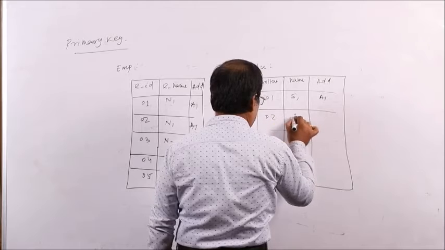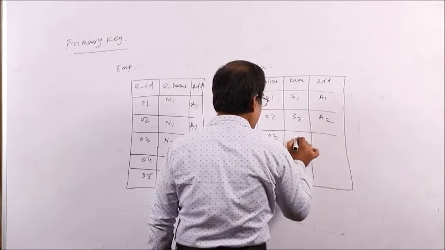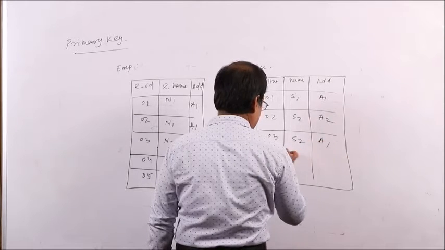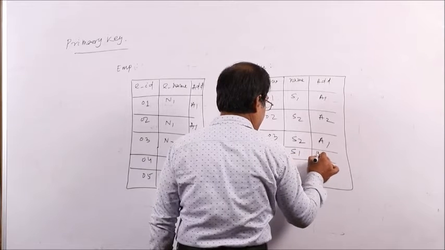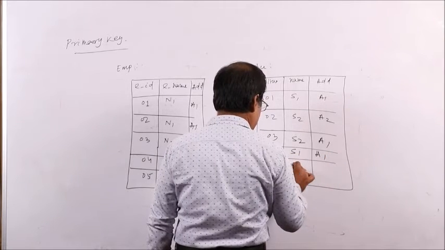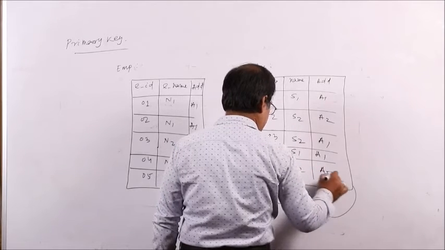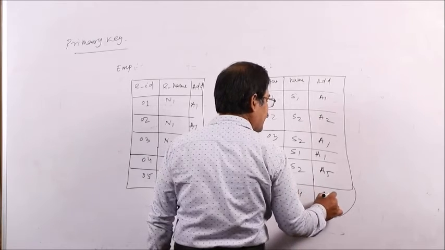Roll number 02, S2, A2. 03, S2, A1. 04, S1, A1. 05, S2, A5. 06, S4, A6.